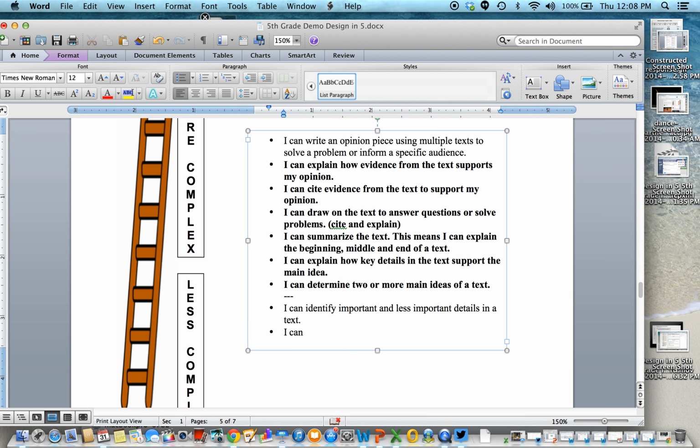If I'm thinking about this and I want students to be able to really work independently, engaging in some of these more complex texts or grade level texts, I might say I can use strategies to find or to understand text, or I can identify and use multiple reading strategies to understand the text.